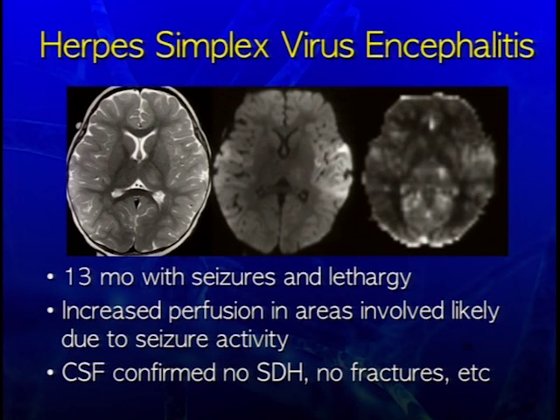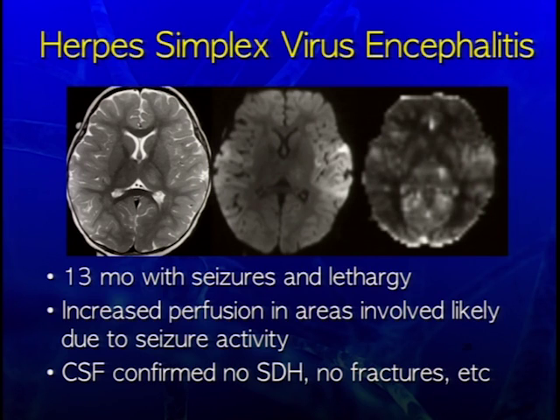Again, this is a 13-month-old that presented to the emergency room with seizures and lethargy. That's a typical presentation of abusive head trauma as well. And so when you see decreased diffusion, the history doesn't quite fit. Here we're also seeing thalamic changes that go along with seizure activity, and increased blood flow here is due to the seizure activity, and we're seeing involvement of cortical thalamic loops causing the changes in the diffusion in the thalamus.